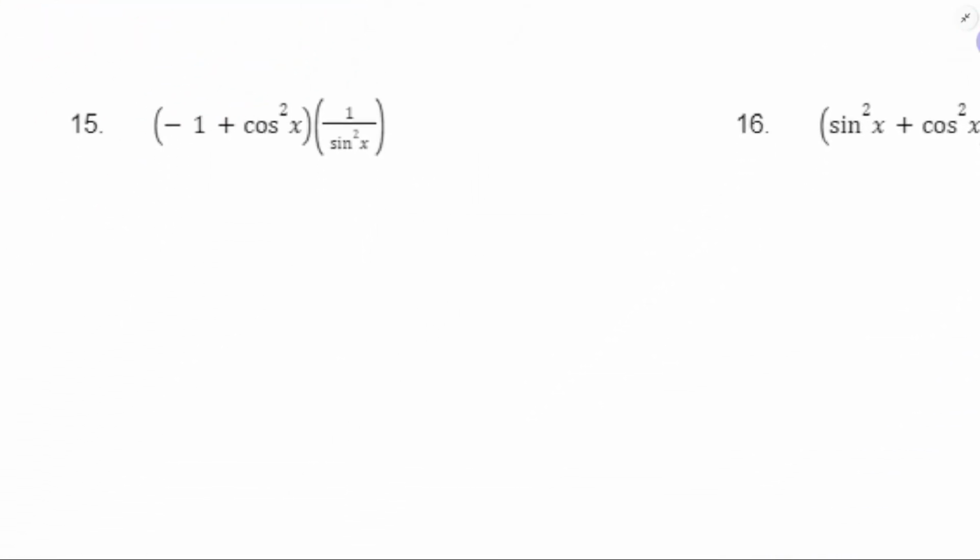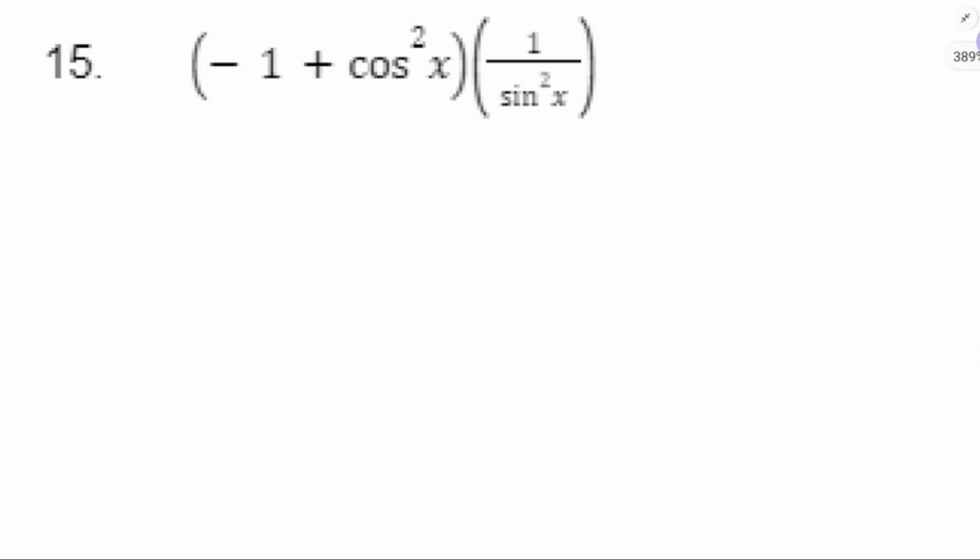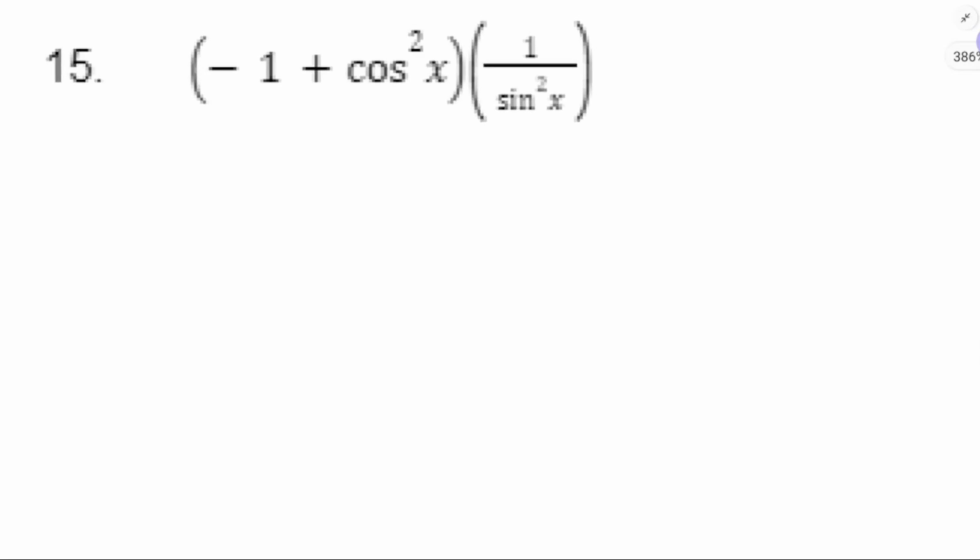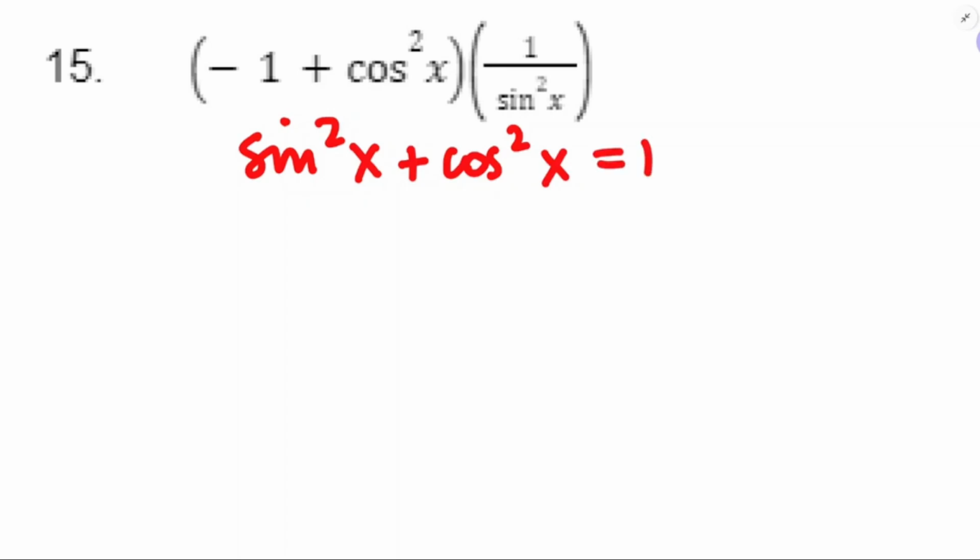All right. Here, negative 1 plus cosine squared x, that's something I can work with. We know that sine squared x plus cosine squared x equals 1. So that's basically cosine squared x minus 1.